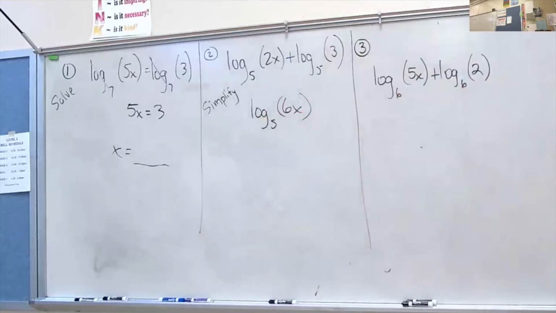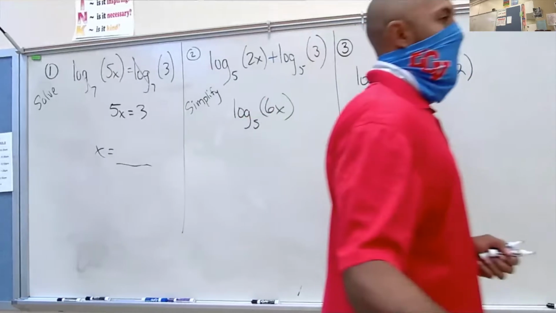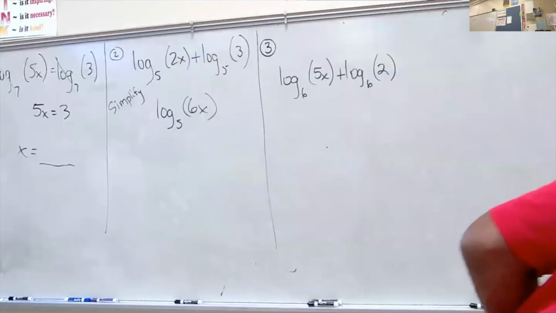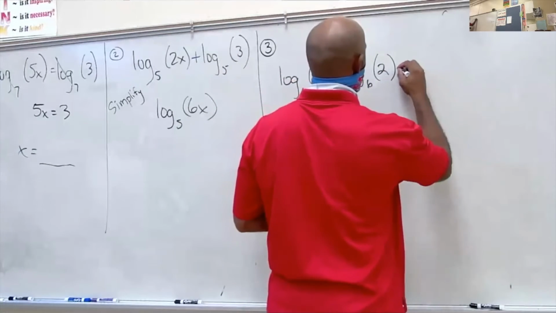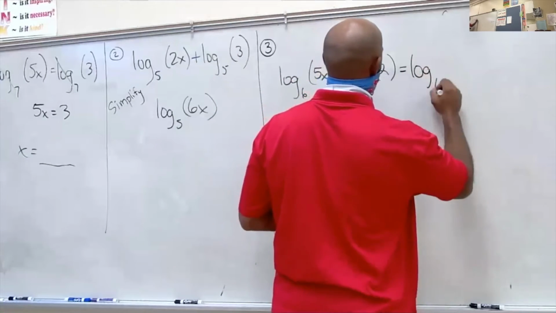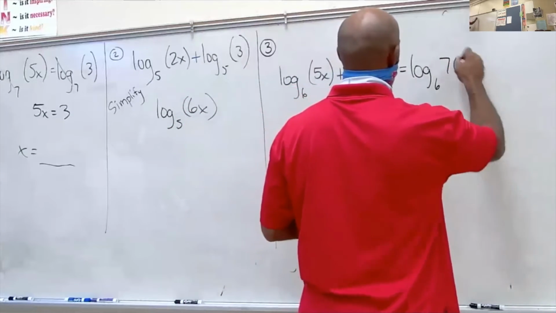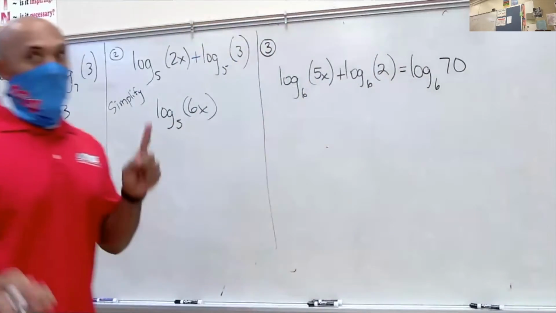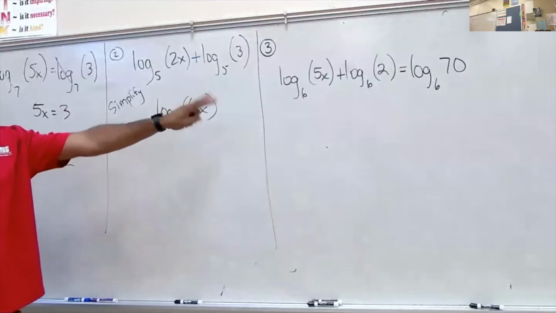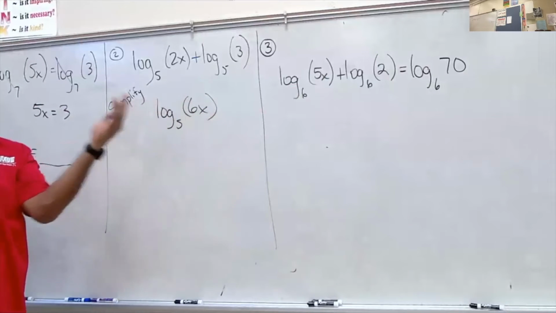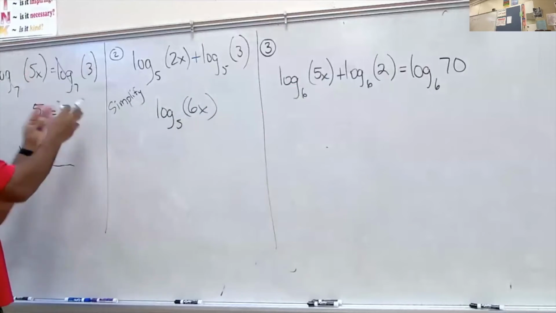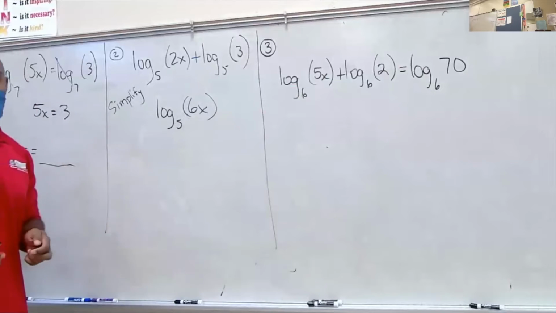And then that is equal to log base 6 of 70. Okay. So now put those two ideas together. On the left side of the equation, you got to bring them together. And then you can cancel like this once you have one log on each side.